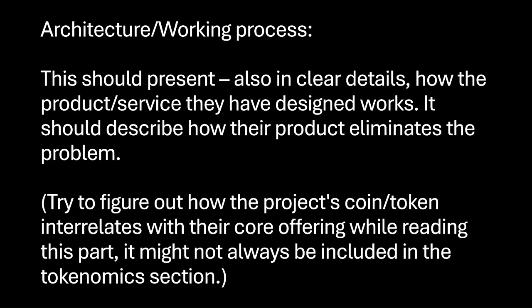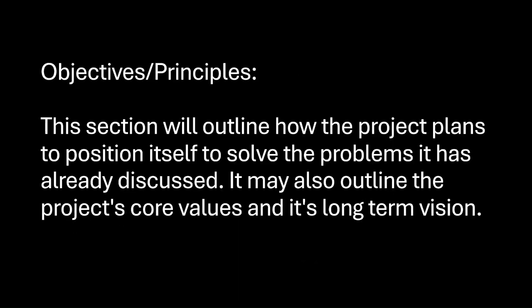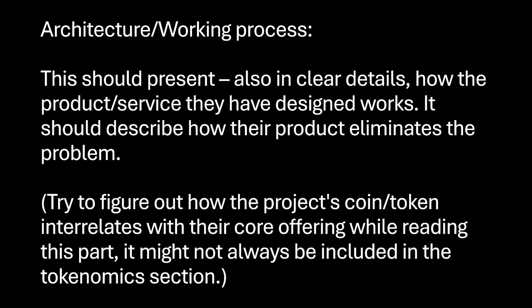So if in the objectives part they are talking about what they plan to do, then in this architecture or working process part, they will tell you how what they have prepared works. So it should show you how their product or service works, and show you in detail how it eliminates the problem that they saw.